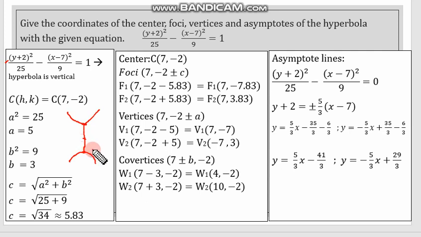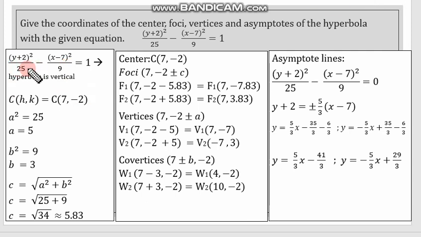This is vertex 1 and vertex 2, while the center is given. The center is at 7 for the x, and negative 2. So label your center (h, k): 7 and negative 2.